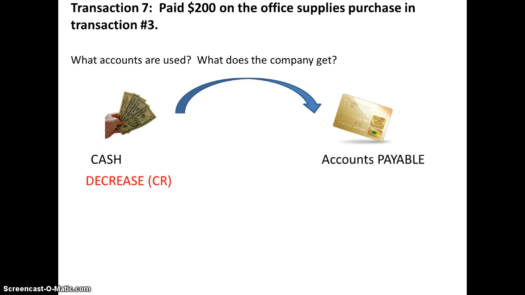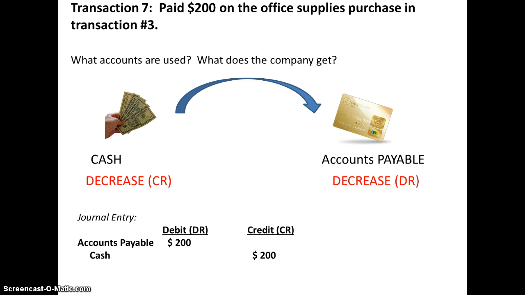So we want to decrease or credit cash, and we want to decrease or debit accounts payable. Since accounts payable is a liability and cash is an asset, they work opposite of one another. Our journal entry would be a debit to accounts payable for $200 and a credit to cash for $200.